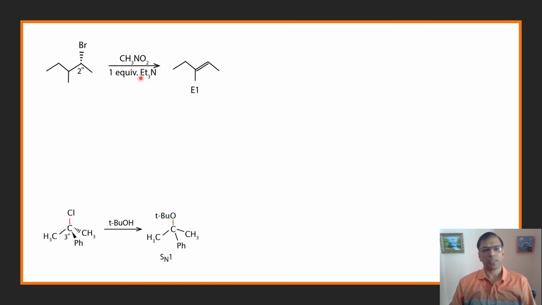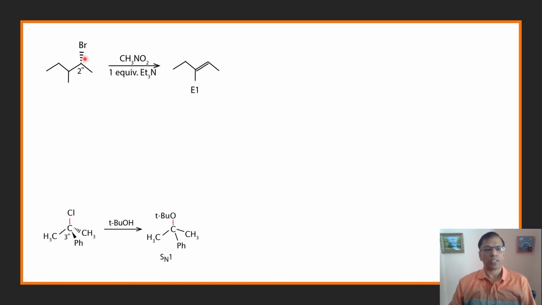The base here is a weak base, triethylamine, and so the way the reaction will occur, because it's a secondary alkyl halide, it will prefer to form the carbocation because there is no nucleophile. Triethylamine does not act as a nucleophile.